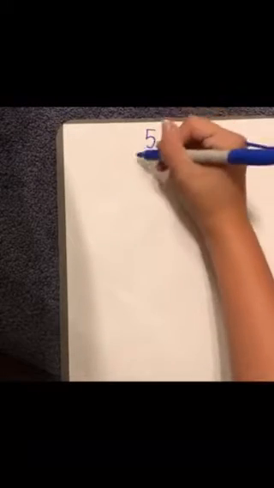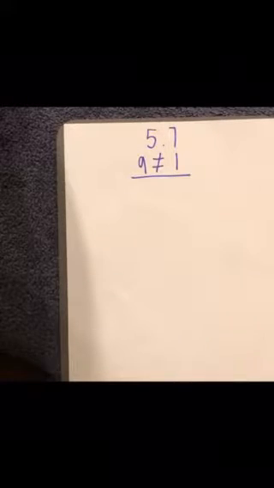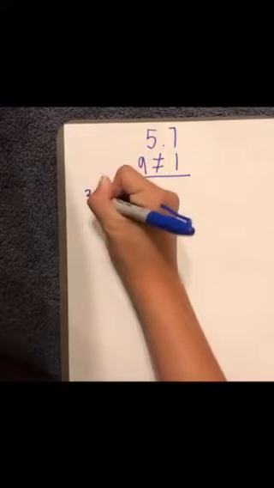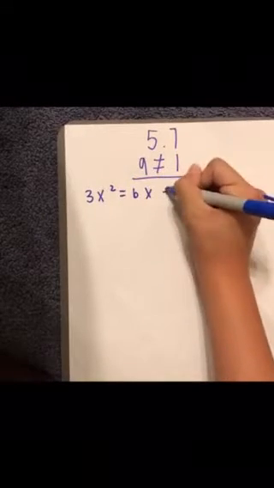Okay, so the last equation we're going to be doing today is when a does not equal 1. And when a does not equal 1, that means that the coefficient in front of the x squared is not 1. So, for example, we will be using the equation 3x squared equals 6x plus 9.